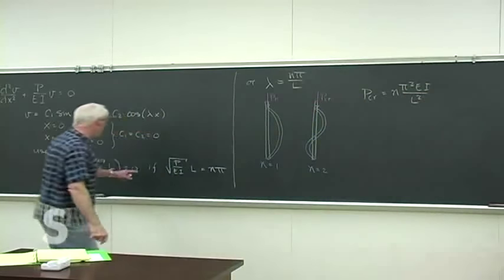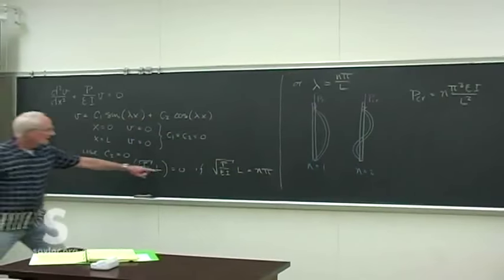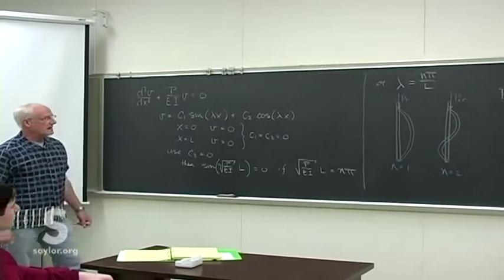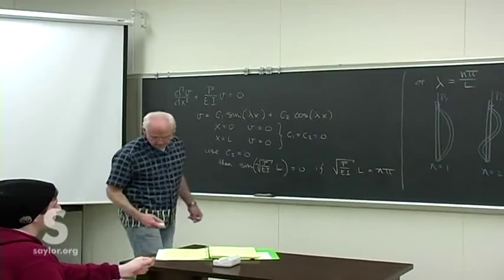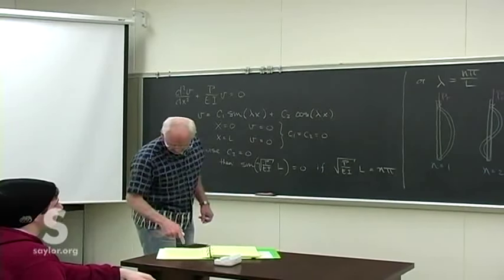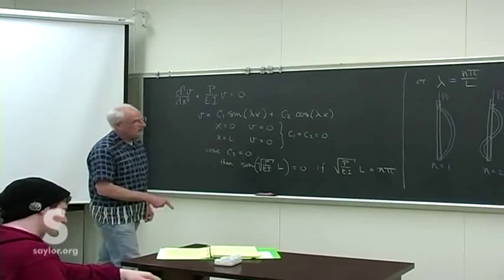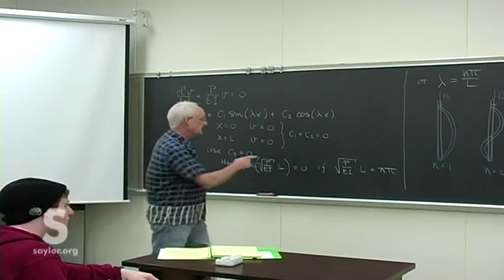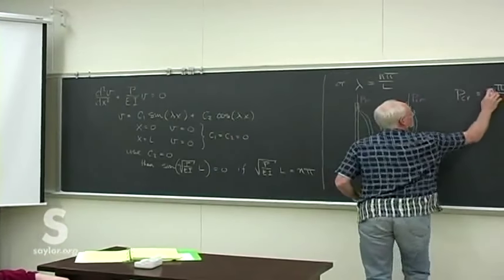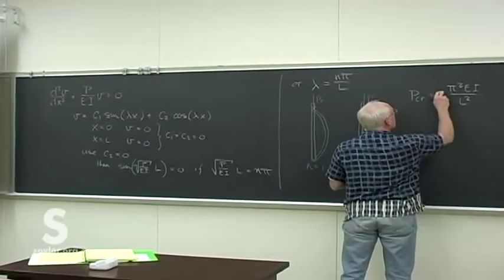Because solving for the critical load back here at this point then gives us that. And we see that if n is greater, then our load goes up. Actually, it's n squared, isn't it? Which will give us the fourth that we need.